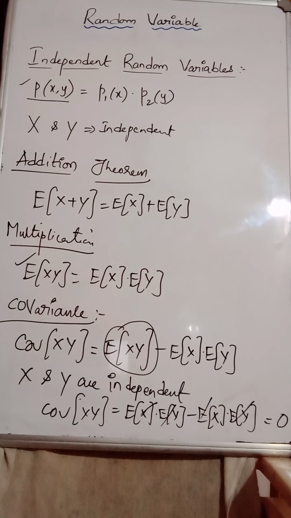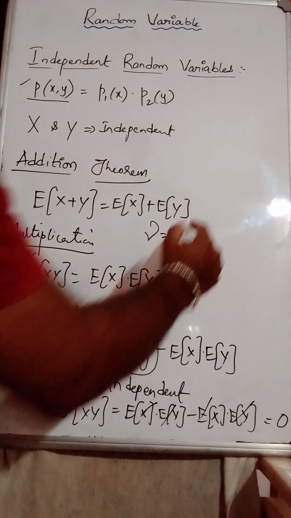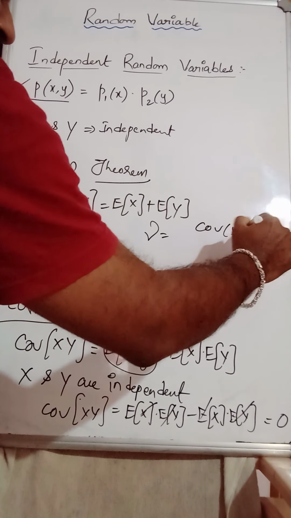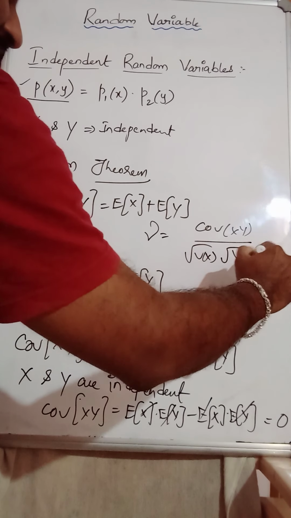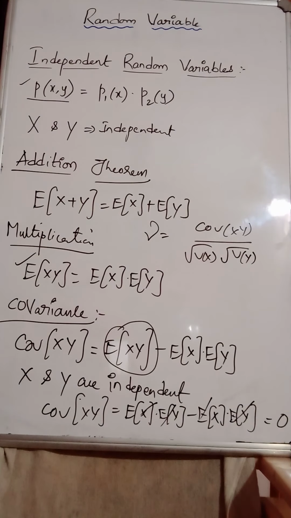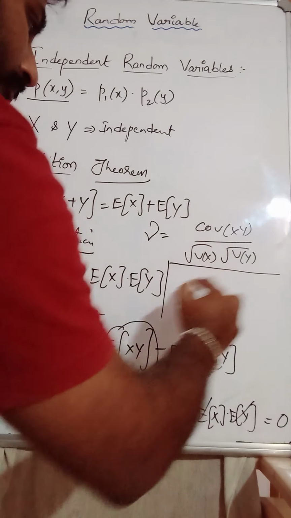And as you know, what is the formula of the correlation coefficient? Covariance of xy by square root of variance of x into square root of variance of y. You understand? Now in terms of expectations, how can this be written?